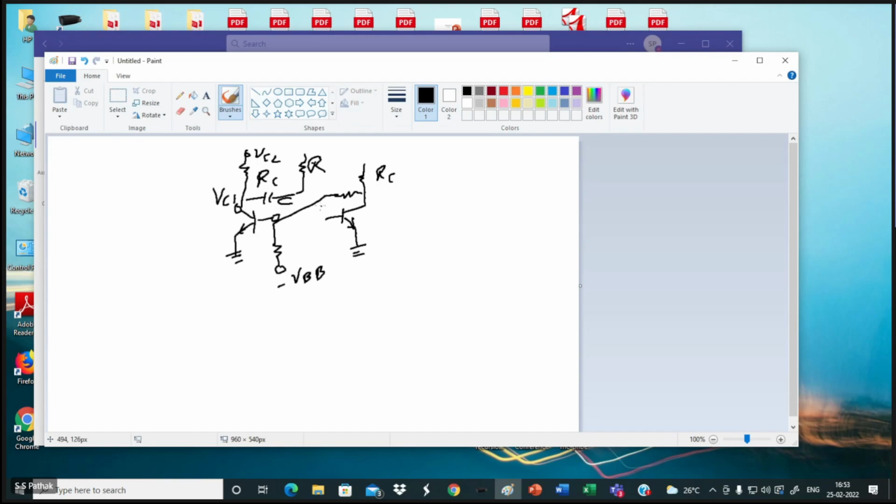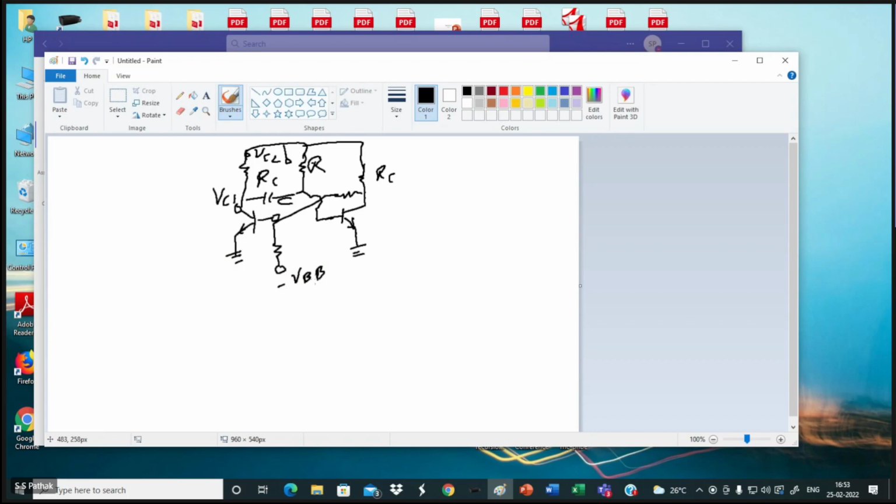At this base, this resistance goes to your positive supply. So it has come like this, and this positive supply I'm putting as VCC. The single supply I am using in the RC and R connections. Here, the second supply I am using for controlling my saturation and cutoff states.